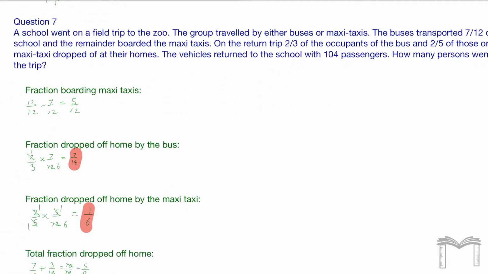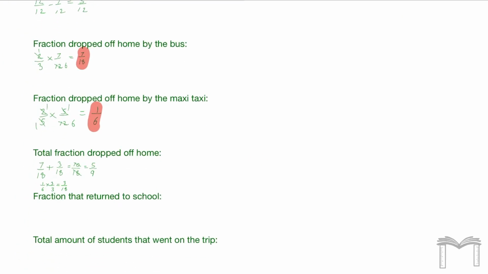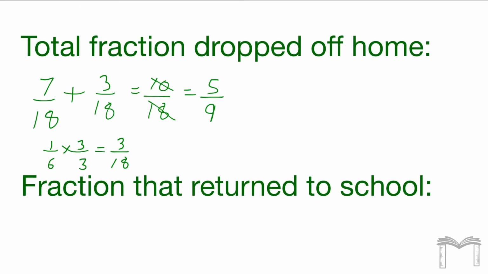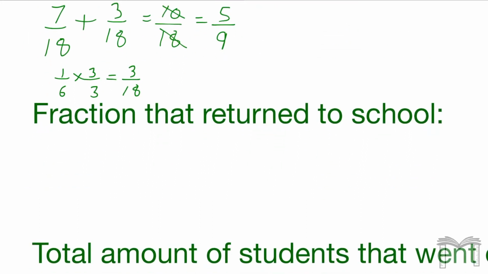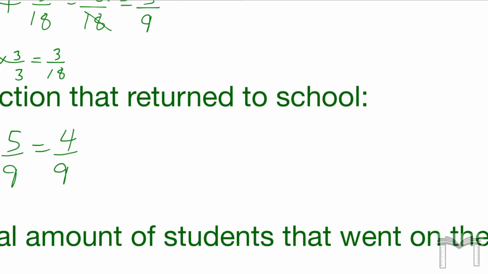So we have an amount, 104, that returned to the school. We know that the total fraction dropped off home was 5/9, so the remainder returned to the school. So that's 1 whole take away 5/9, and that will give us 4/9. So 4/9 returned to the school, and they're telling us that 4/9 is equal to 104 students.